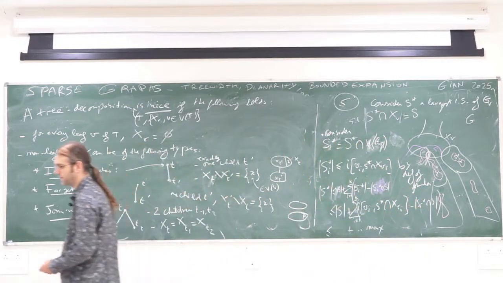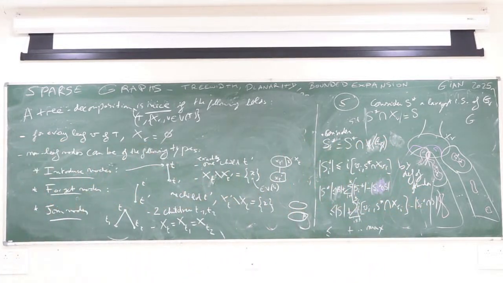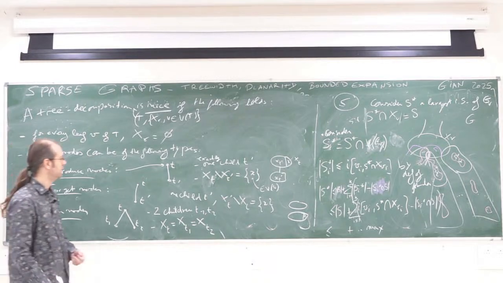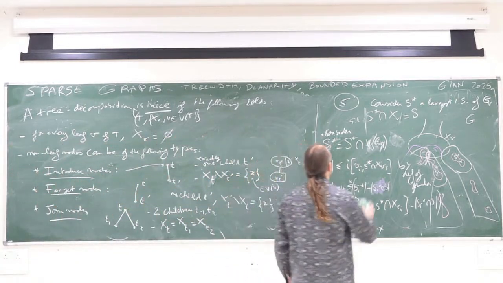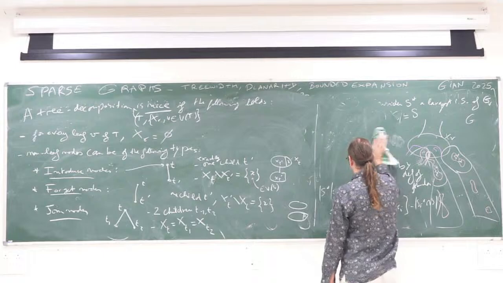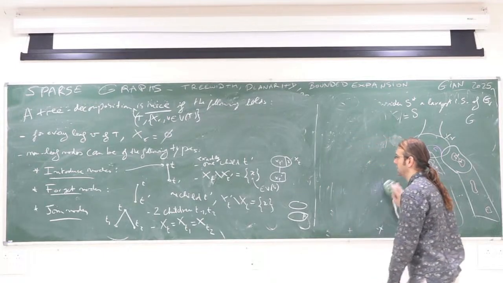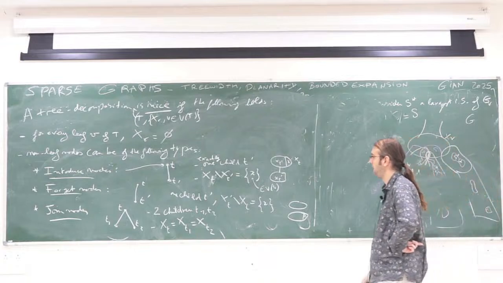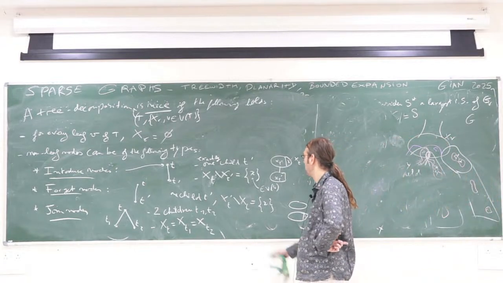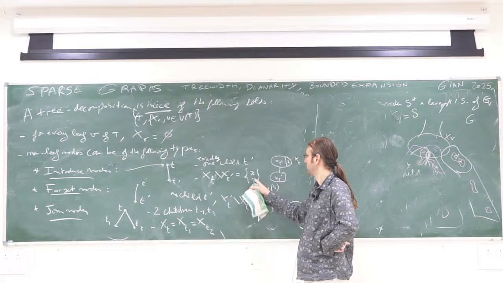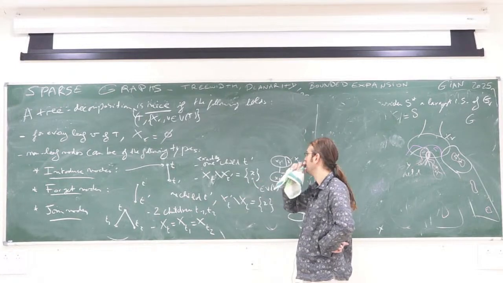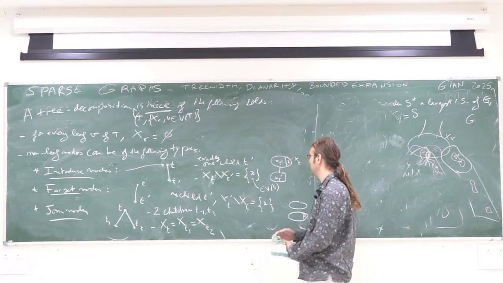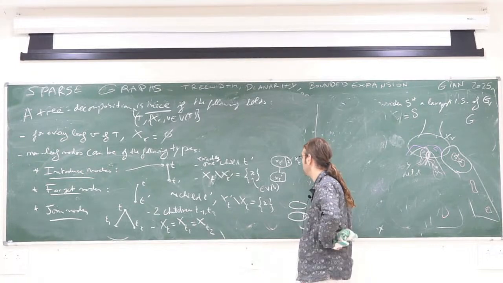The first thing in the introduce node: you should also include that xt prime minus xt is the null set. Oh, it follows from this. Yes, xt prime is inside xt.